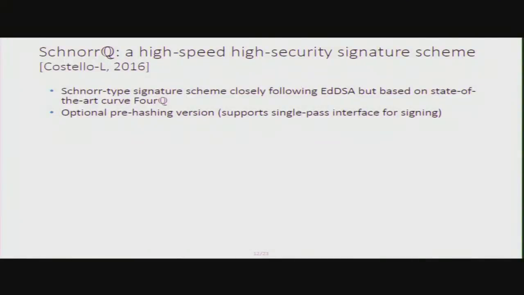During signing, you have to load the message twice at least, and that could be inefficient if the message, for example, is too long. So if you apply pre-hashing, that could make things more efficient in certain scenarios. Also, there is the version without pre-hashing, and in this case, we have resilience against hash function collisions.